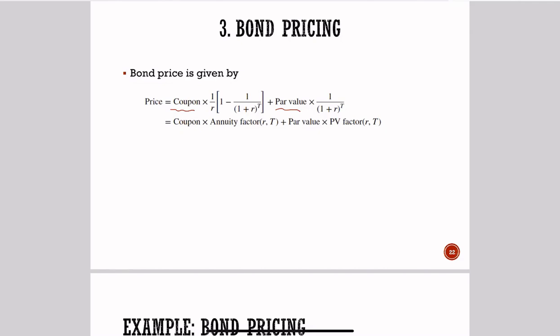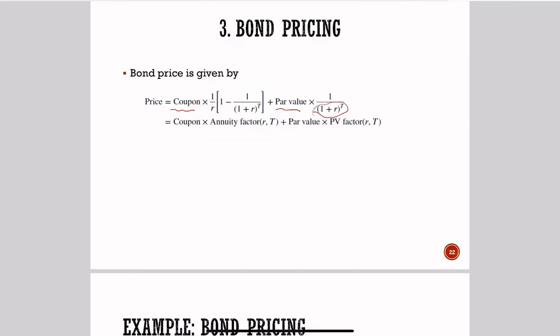Then if this bond has a 30-year maturity, you will get 30 years of coupon payments. It's just like a 30-year annuity. And then on the final date, you will get back your par value. So you will just discount this par value by 1 plus the discount rate to the power of T, right? So it's actually pretty easy to understand how you would use this formula to price a bond.